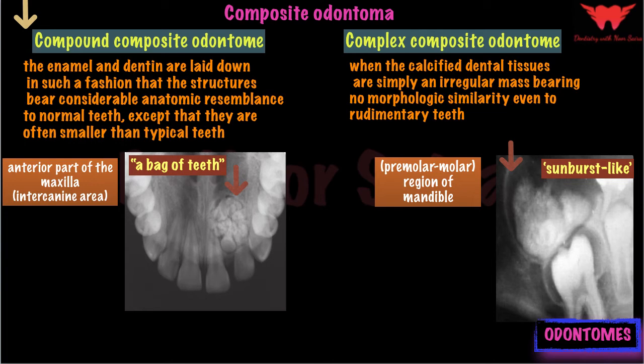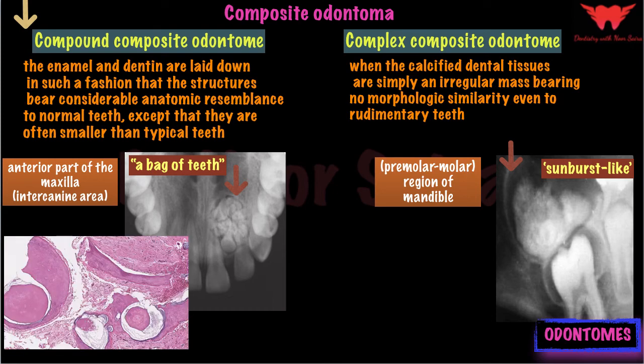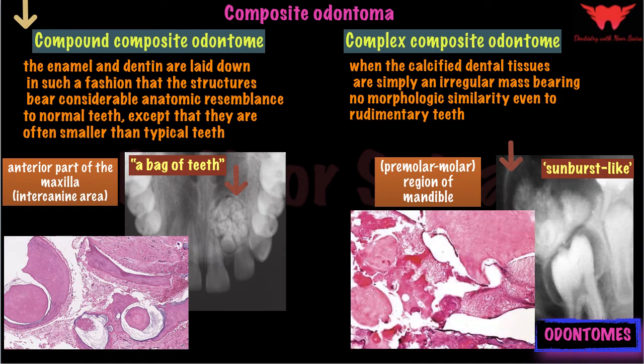Talking about the histological features of the odontome, well, the appearance of odontome is not spectacular. One finds normal appearing enamel or enamel matrix, dentine, pulp tissue, and cementum, which may or may not exhibit a normal relation to one another.